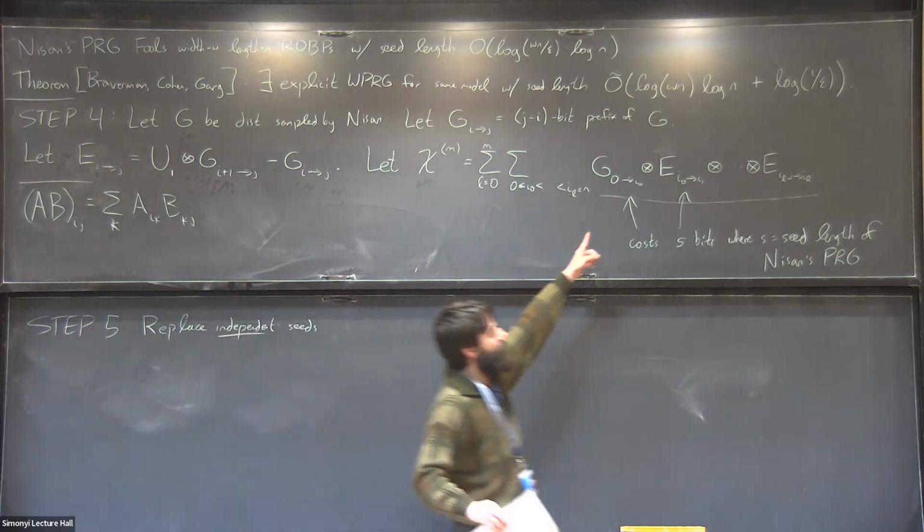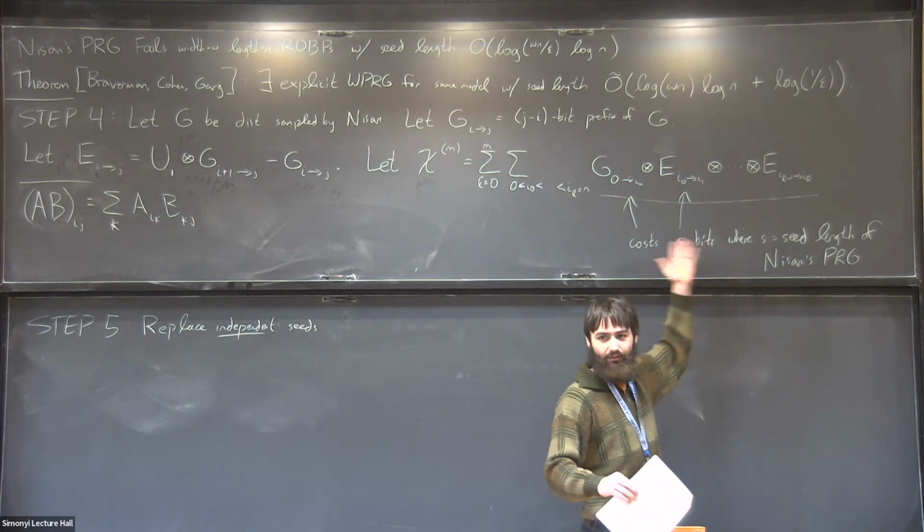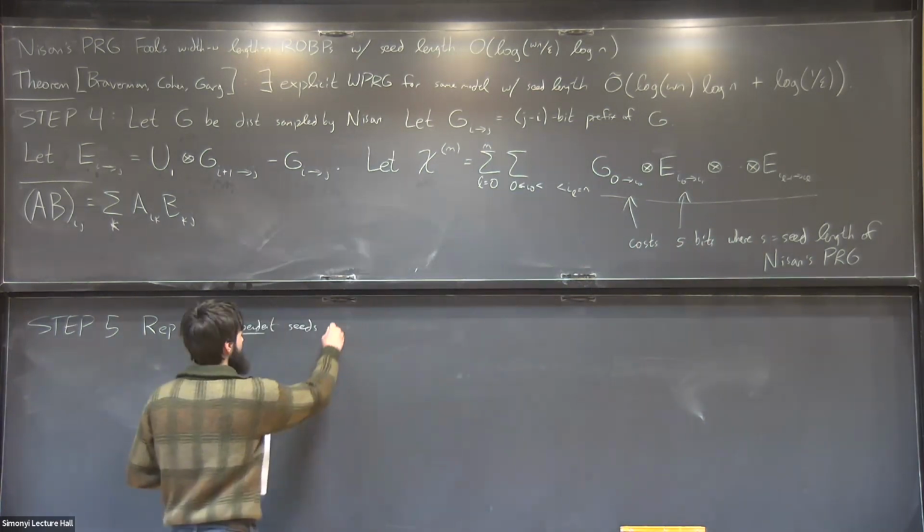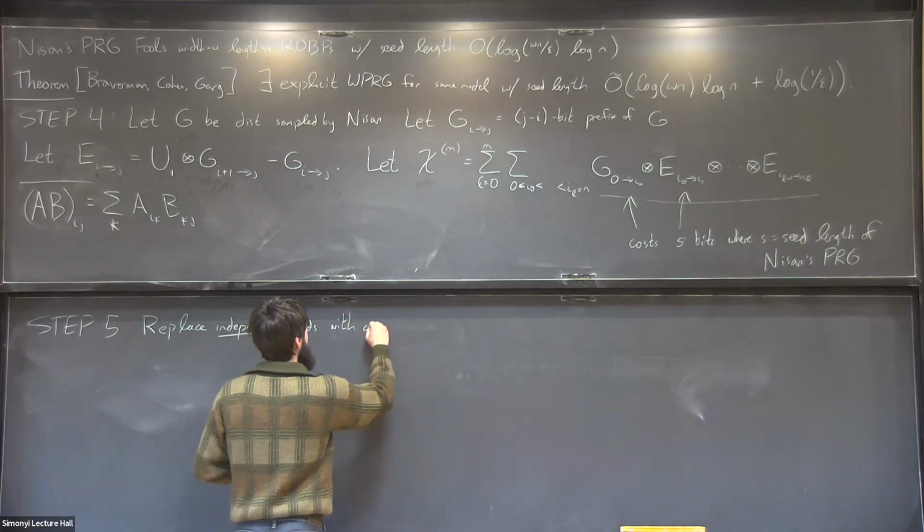This tensor product corresponds to independent random variables, to independent samples from Nissan's generator. Instead of using independent seeds, we'll use correlated seeds.